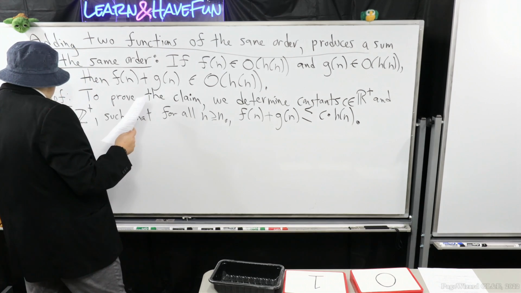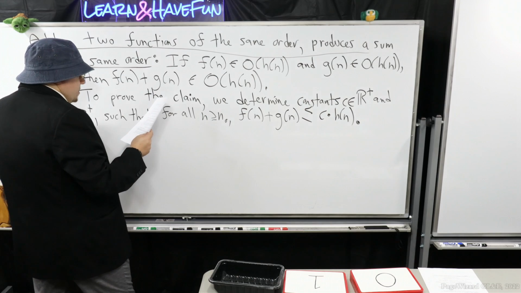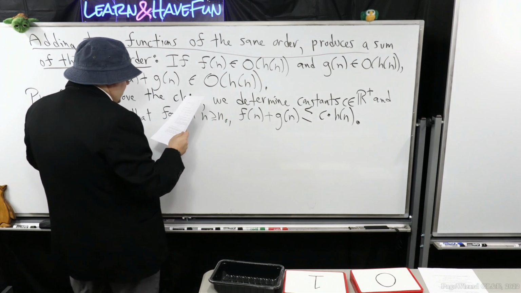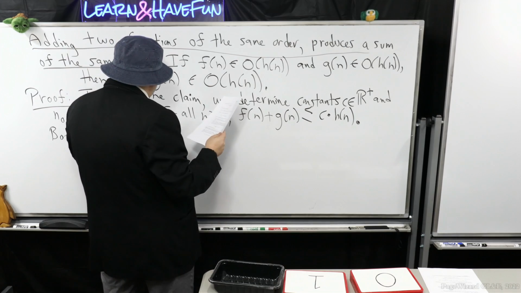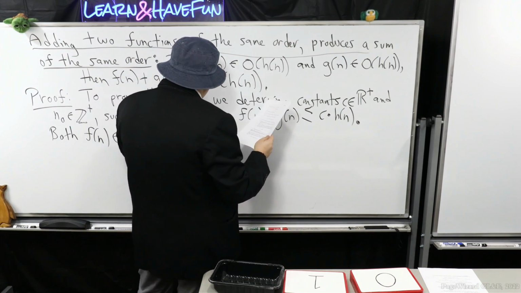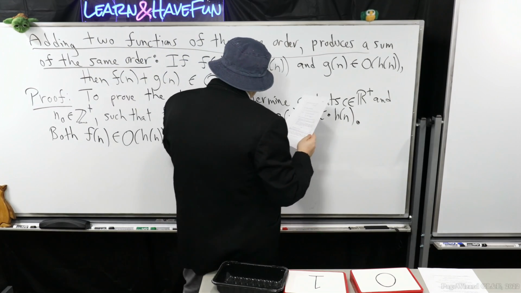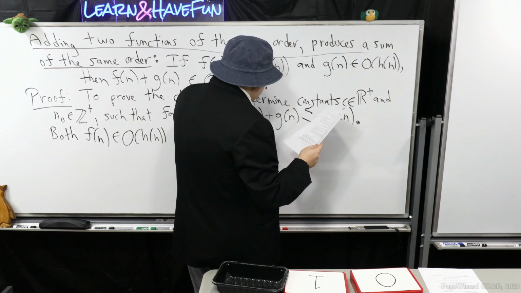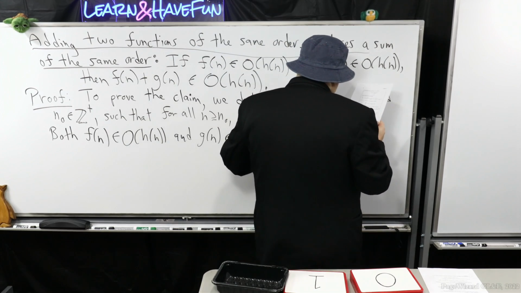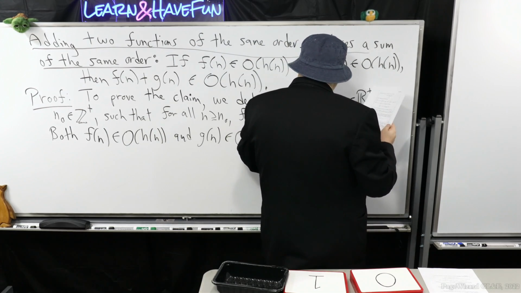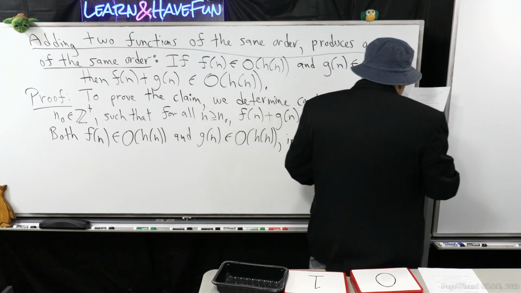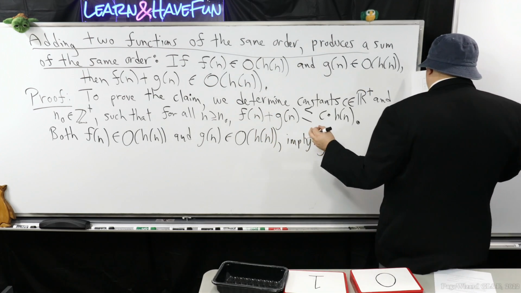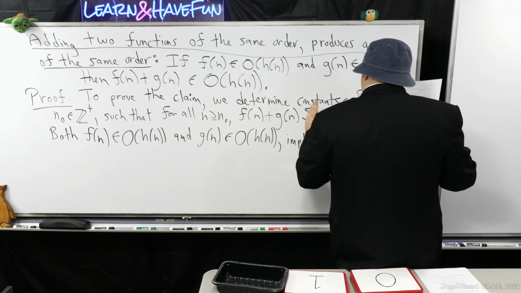So both f is big O of h and g is big O of h, implying the following: we have pairs of constants. I'm just going to list them all out together, and then I'll write out one inequality for each.